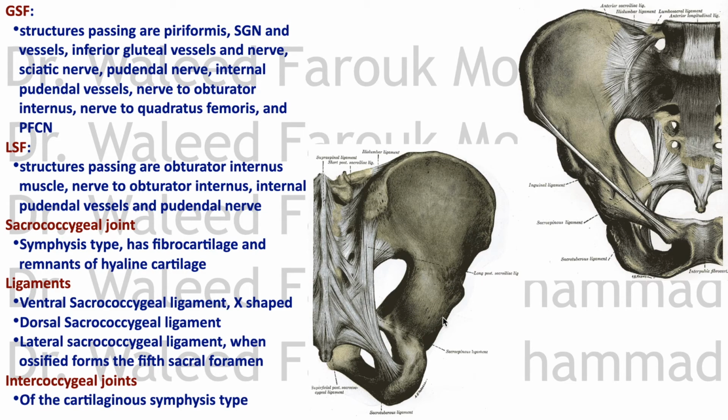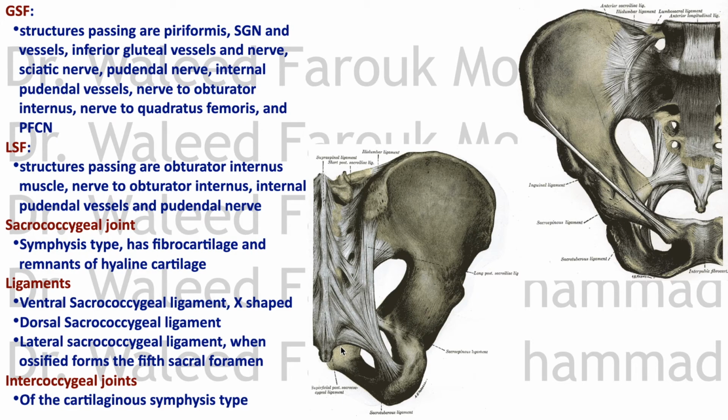Now, the sacrococcygeal joint is a symphysis type. There's a fibrocartilaginous disc, and a remnant of hyaline cartilage. The ligaments for the sacrococcygeal joint are the ventral sacrococcygeal ligament, which is X-shaped, as you can see here, the dorsal sacrococcygeal ligament, the one you see here, and the lateral sacrococcygeal ligament.